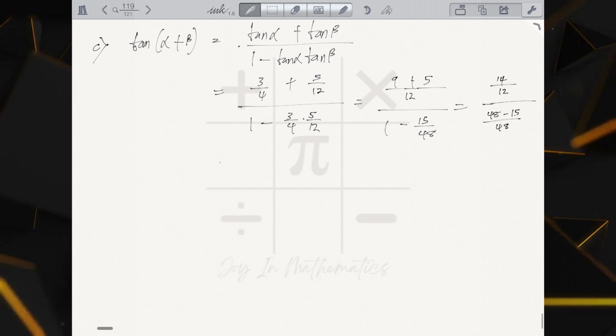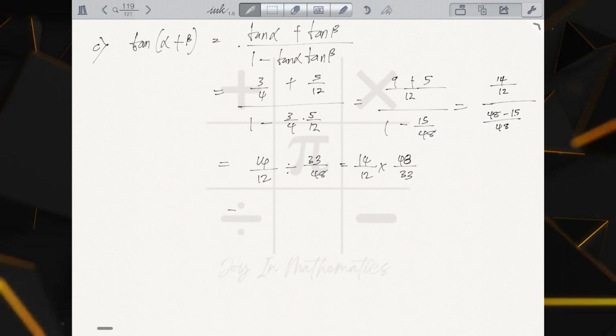Therefore, we have this equal to 14 over 12 divided by 33 over 48, which is equal to 14 over 12 multiplied by 48 over 33.